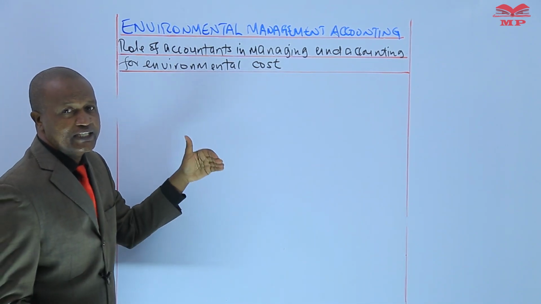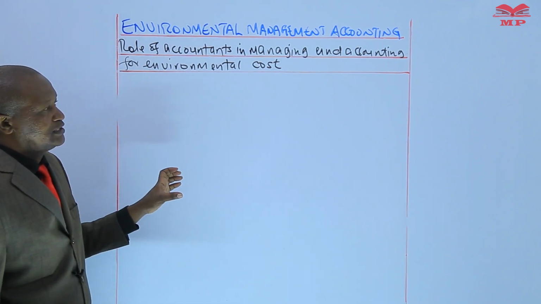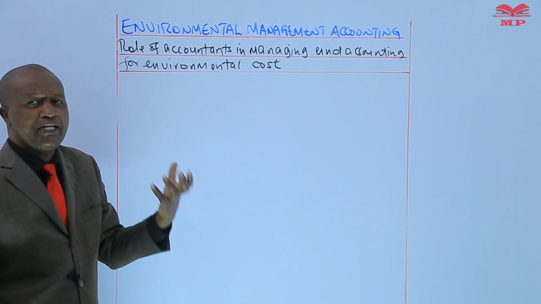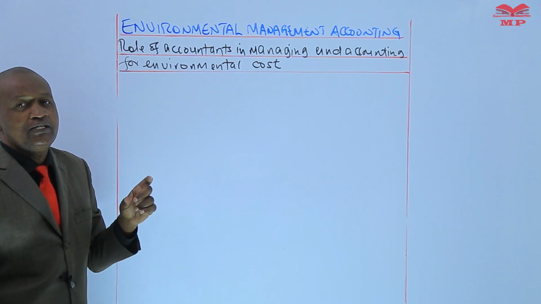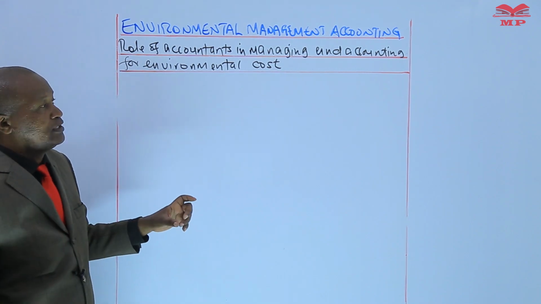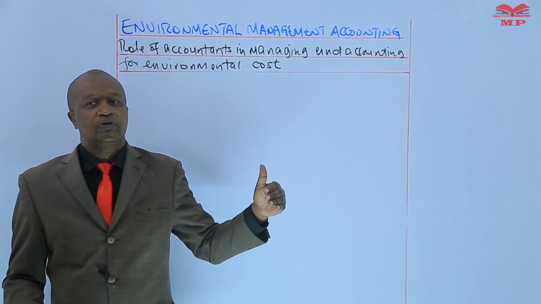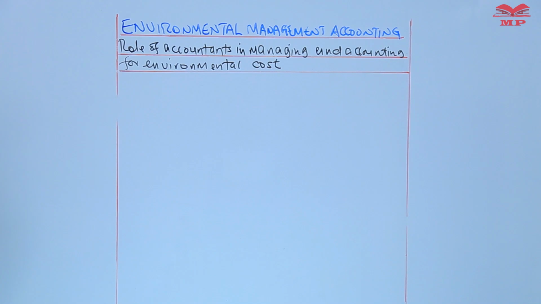But before we get into highlighting the role of accountants, it's important for us to understand, first of all, the meaning of environmental costs. In this lesson, I will give a brief summary of environmental costs.